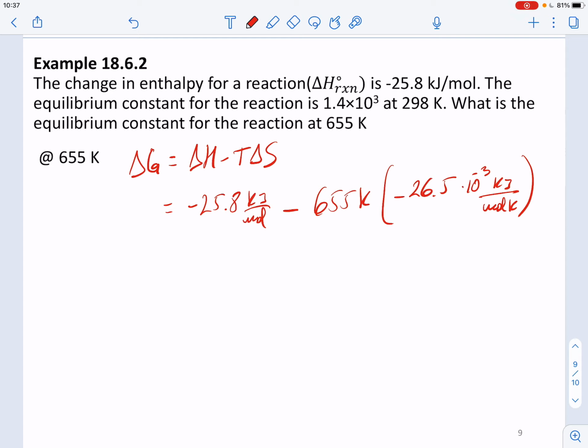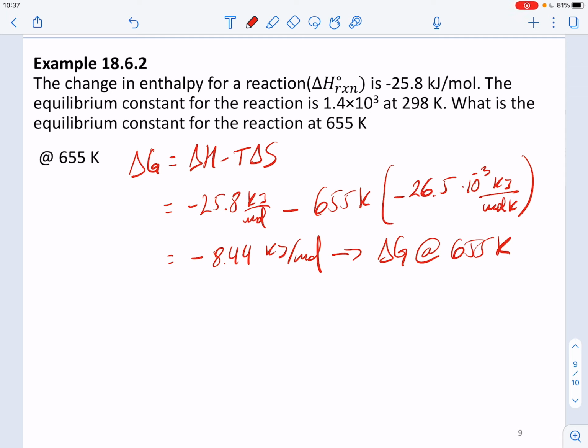Okay? What I get out of this is minus 844 kilojoules per mole. So this is delta G at 655 Kelvin.